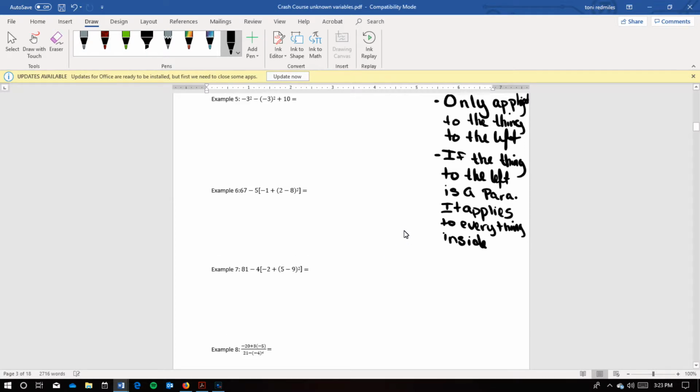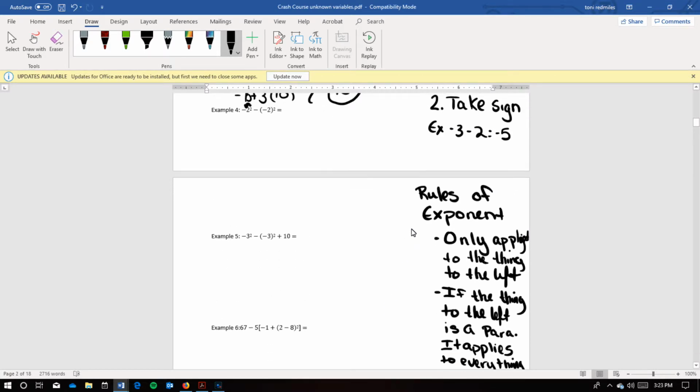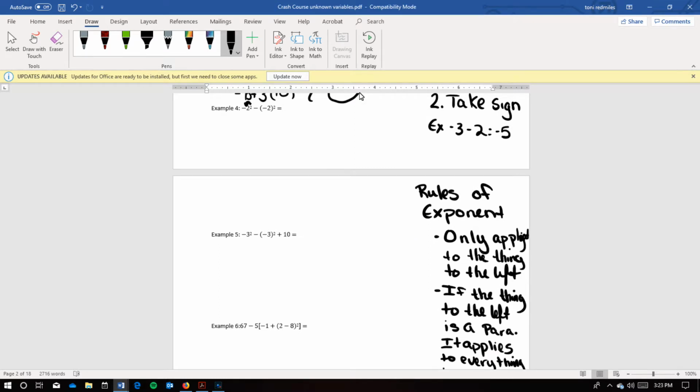Kind of like in the second part of this problem where I have this 2 on the outside of the parenthesis, it's going to apply to everything inside of there, okay?